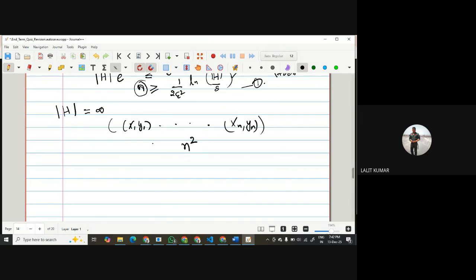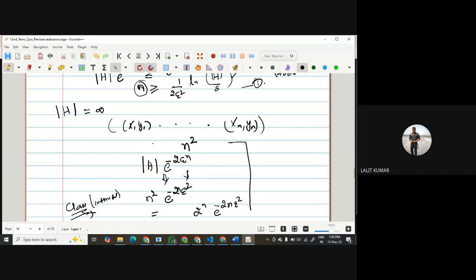So this term, |H| e to the power minus 2 n epsilon square, gets converted to n square e to the power minus 2 n epsilon square. And if we fix the class of our models, for example the interval class, then it becomes 2 to the power n e to the power minus 2 n epsilon square.